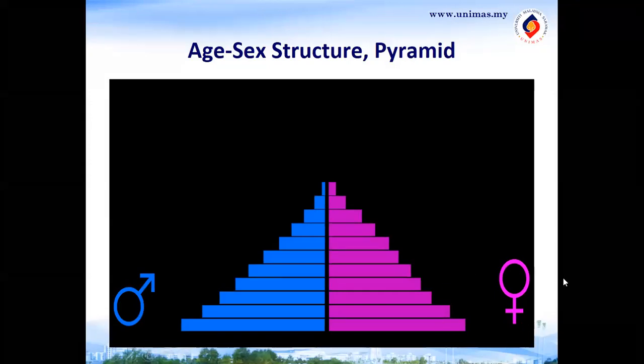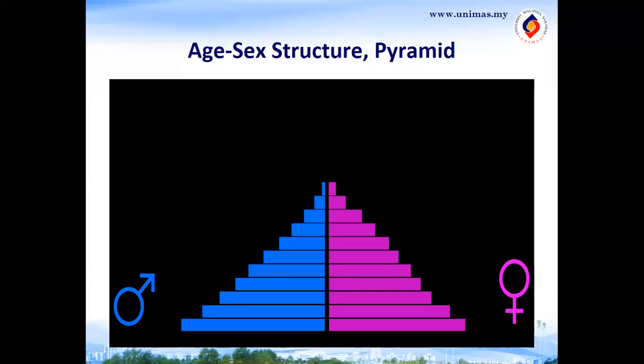So again, that's the one about age structure, the pyramid. Male on one side and female on the other side. Jadi, in other words, we split the population into two, tetapi menggunakan kategori yang sama.